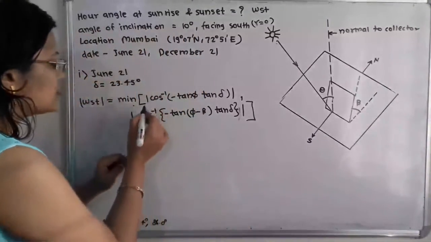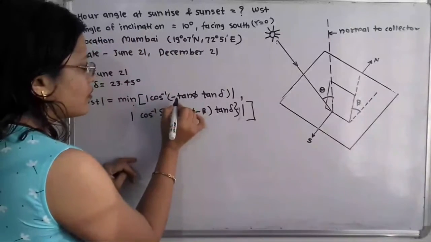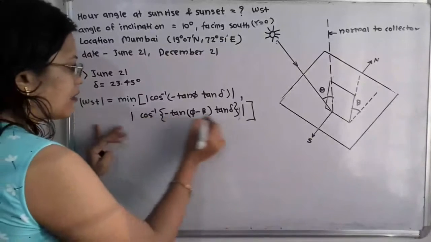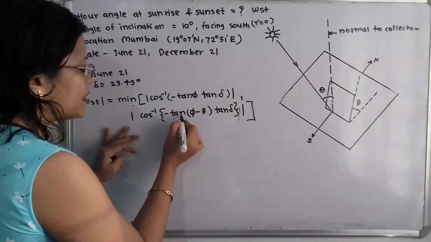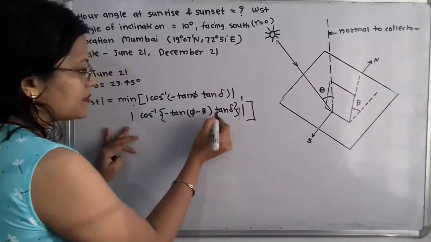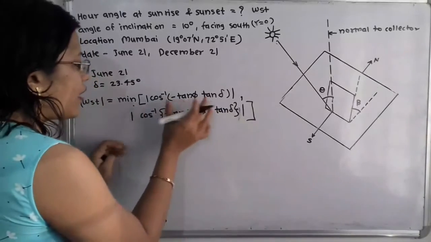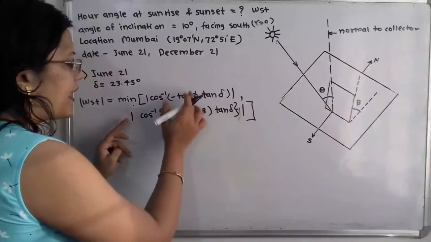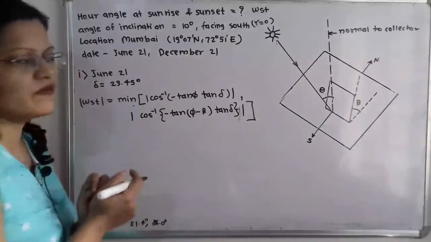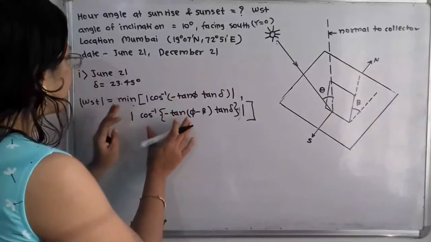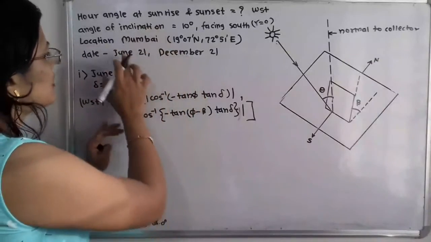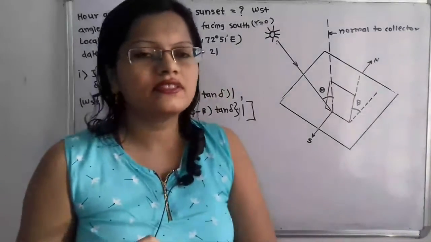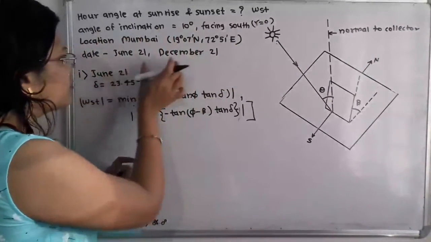So we first calculate mod of cos inverse of minus tan phi tan delta, and also cos inverse of minus tan of phi minus beta into tan delta. We calculate the first mod and the second mod, and then select the minimum value. This formula is applicable for both dates, June 21 and December 21. We will first calculate the value for June 21.